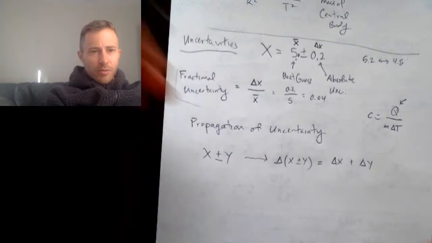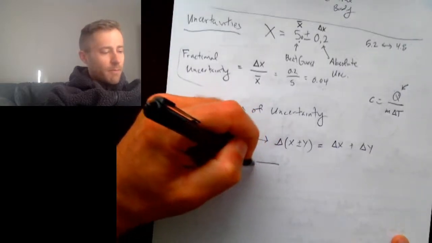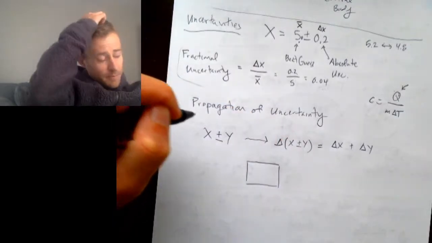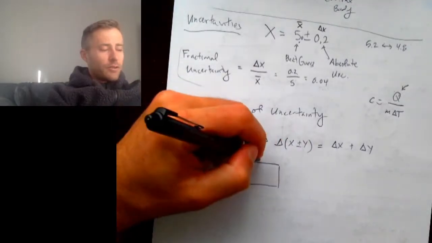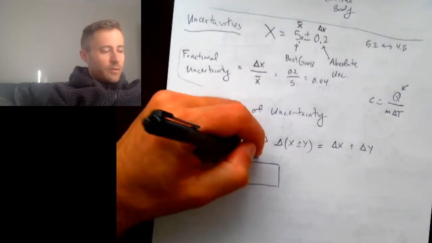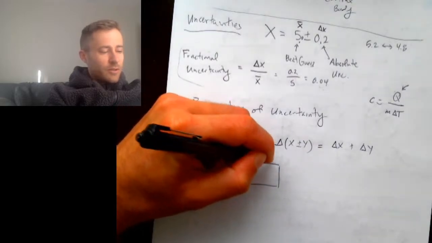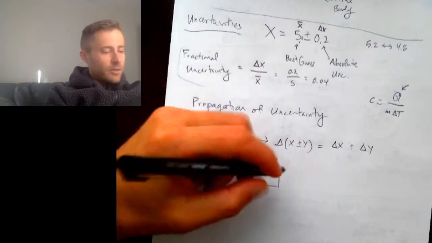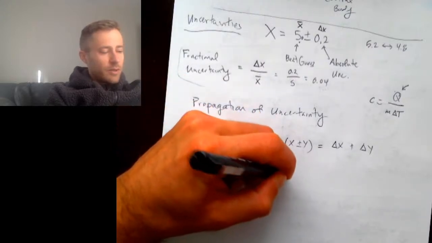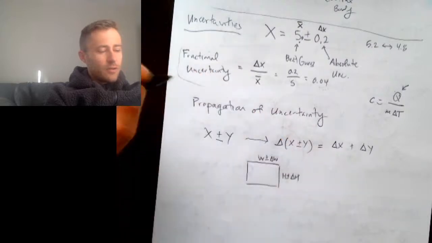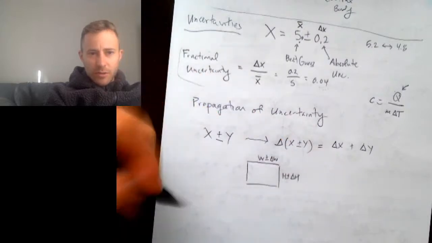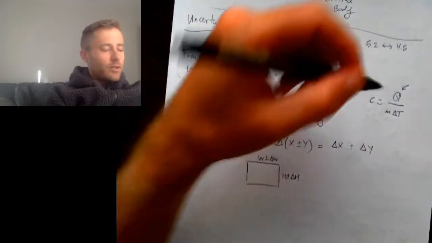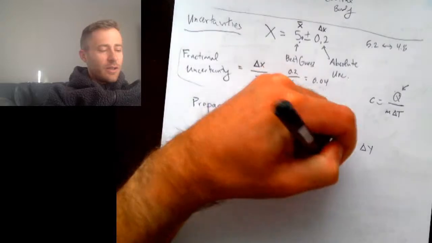So a good example of that might be a rectangle. Maybe the width is w plus or minus delta w, and the height is h plus or minus delta h. So the width and the height of this rectangle are uncertain. And we want to know, what is the uncertainty in the perimeter?